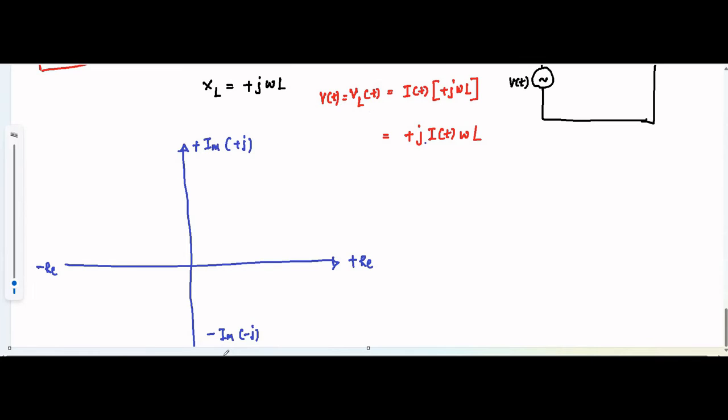So here Vt is plus j It omega L. So whatever the voltage is, it is plus j, so it lies on this axis here. This is Vt.